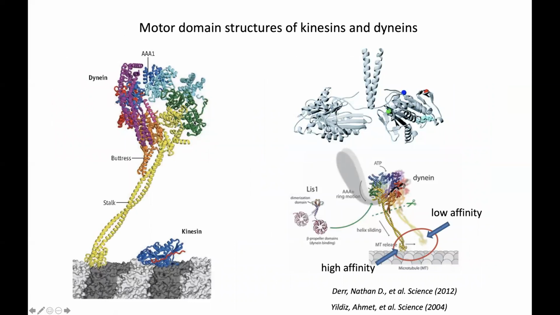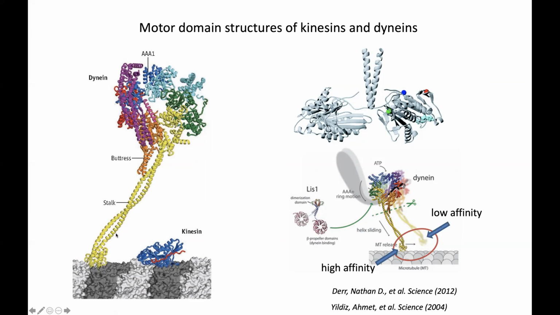You can do a search in the PDB bank as shown by Wenhan. So just type dynein or kinesin in the PDB bank. You will get a lot of structures of dyneins and kinesins. So just choose a recent one with high resolution, and then you can start your research from there. Now let's see the structure of dynein.